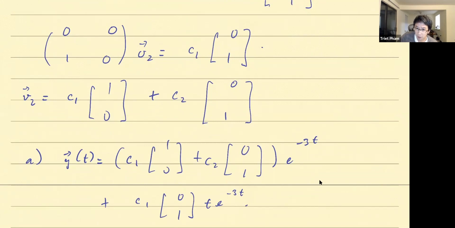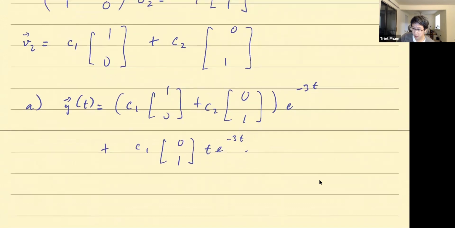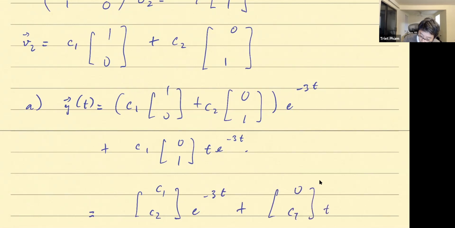I think the book gives a similar answer. But notice that you could combine things like this. This is actually one single vector, so you can combine them into C1, C2, e to the minus 3t plus 0, C1, t e to the minus 3t. That could be one way. This and this are both valid.